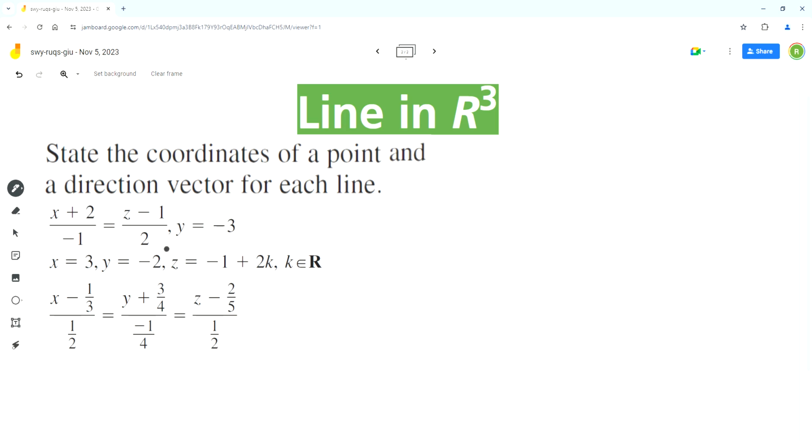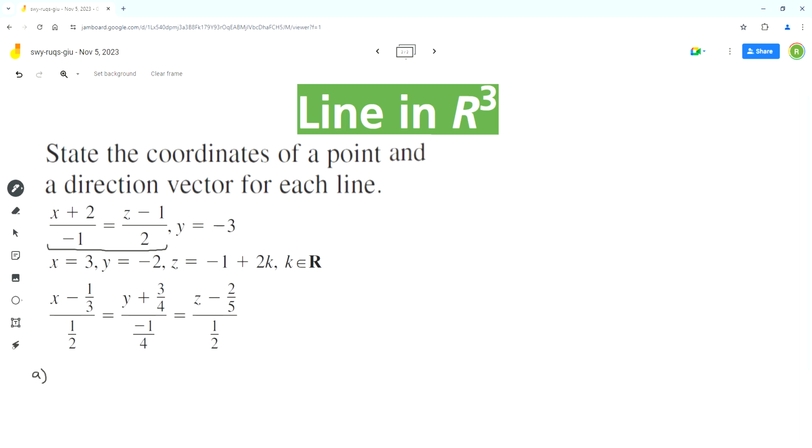Now in this equation, this part of the equation is written in symmetric form. The y equation is written in parametric form because the y component of the direction vector of this line is 0. Let's start by writing the general equation of a line in symmetric form.